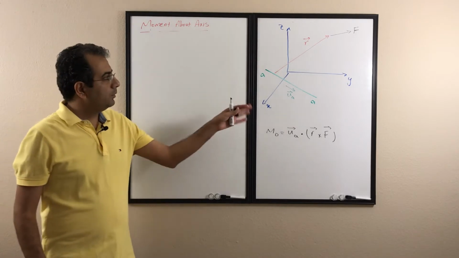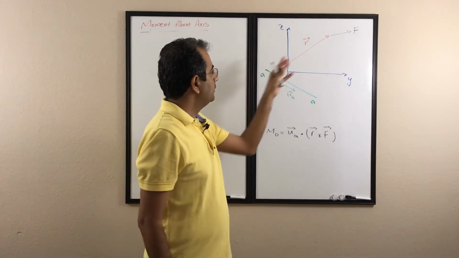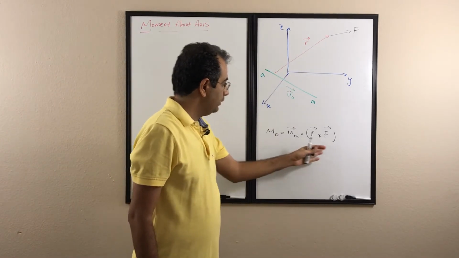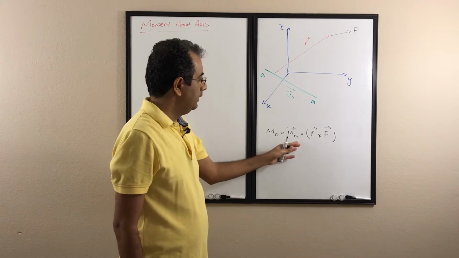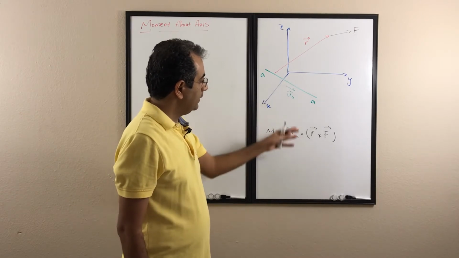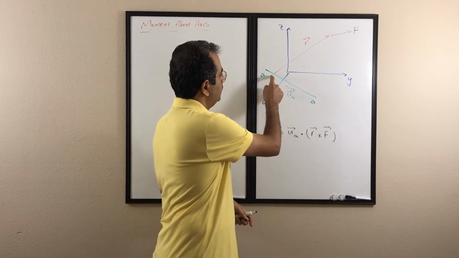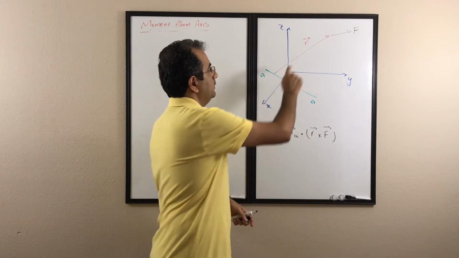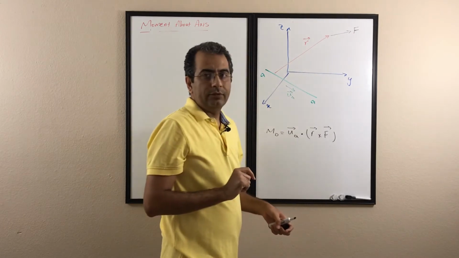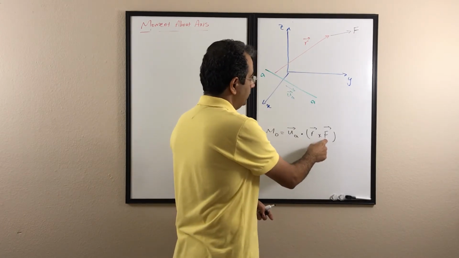So we said that if we want to find the moment of a force about any axis, this is the equation we use. We have the unit vector along the axis, dot product with the position vector that goes from any point on the axis to any point on the line of action of the force, cross the force itself.